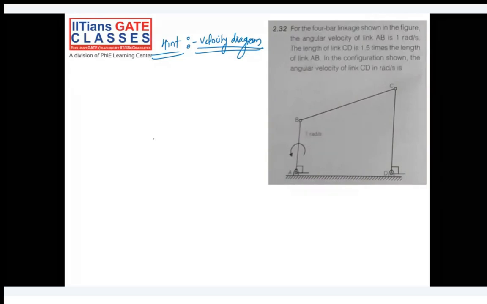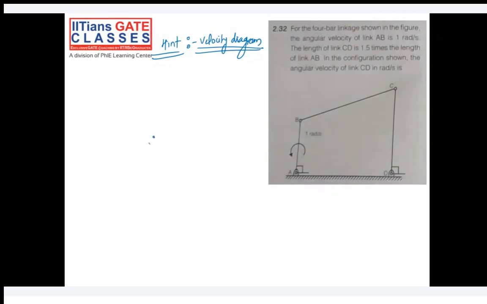Points A and D are fixed. The velocity of point B due to AB will be perpendicular to it. This is point B, I would say. And the velocity of CD will also be perpendicular to it.